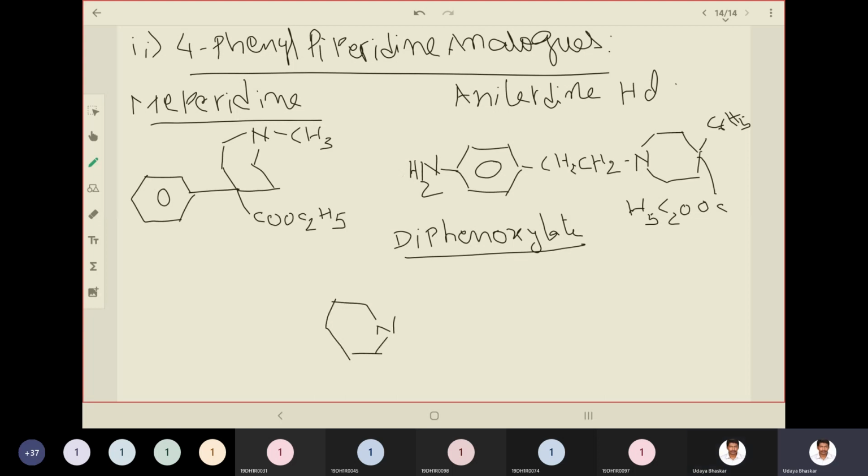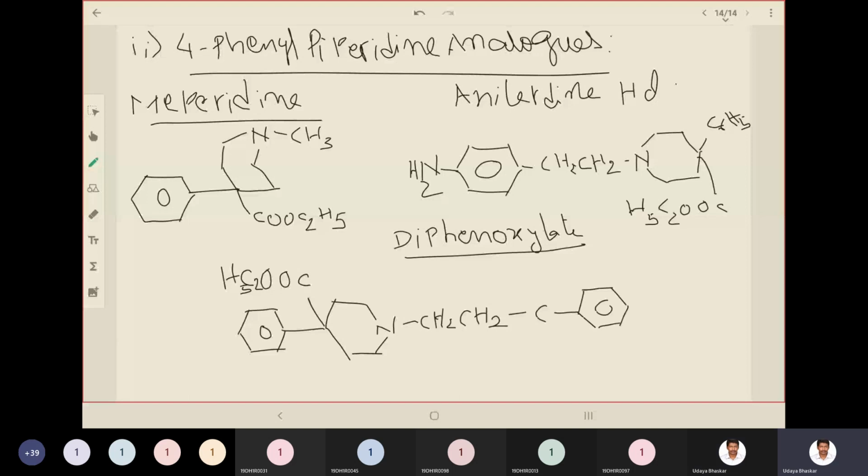We have a phenyl substituent here and COOC2H5. To this carbon, this is further attached through the ethyl link to another carbon that is having a phenyl group, another phenyl group, and you have a cyano group.